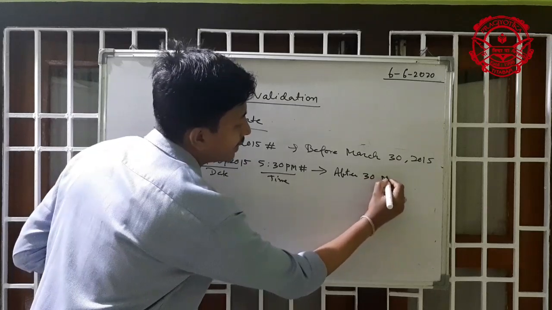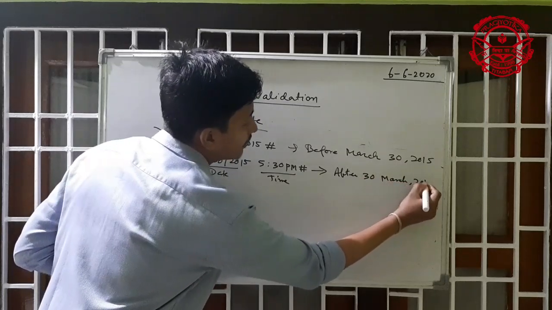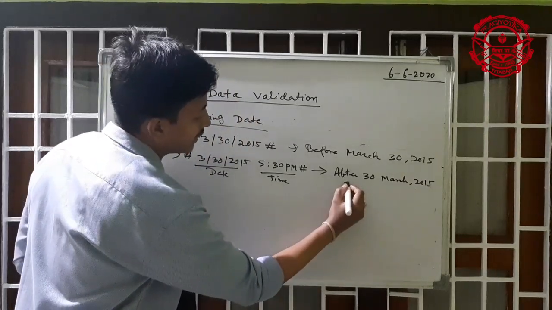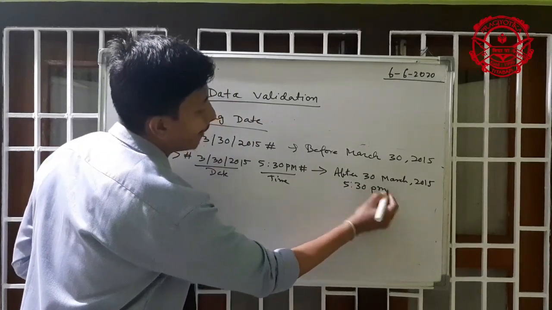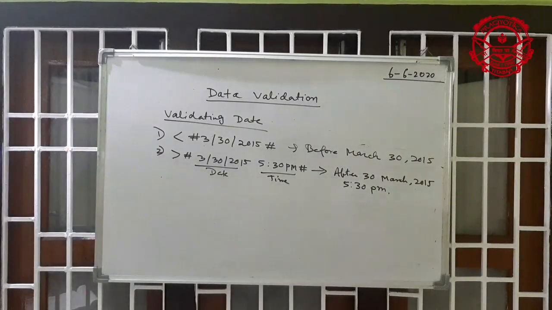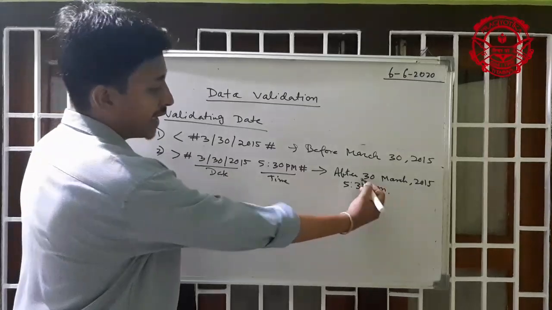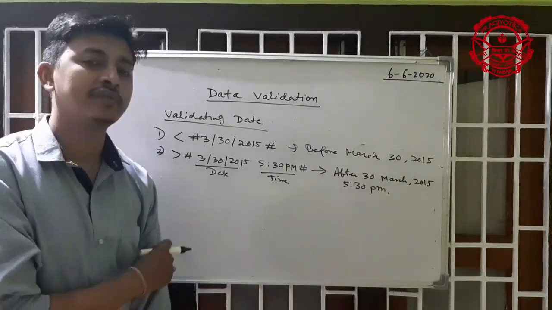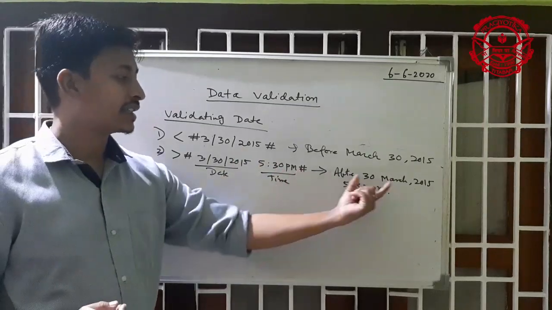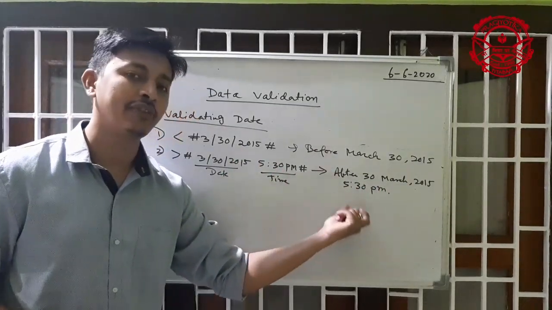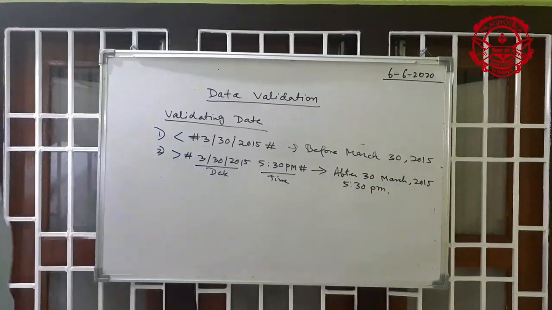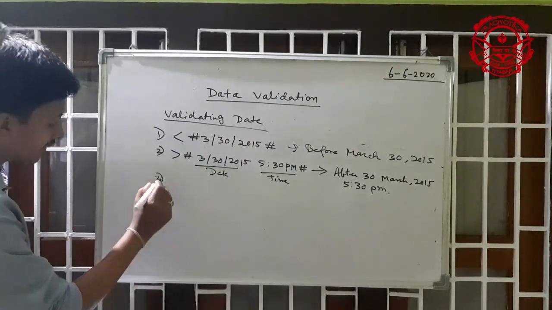After 30 March 2015, and also the time given here, 5:30 p.m. So here you can see the date as well as the time is given. The date should be after 30 March 2015 and also after the time 5:30 p.m. Number 3, you can see, next number 3.